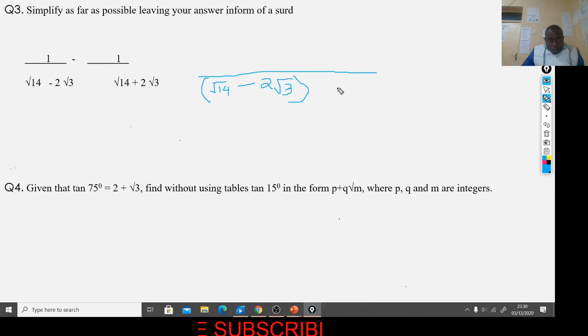Whatever you get, you multiply by root 14 plus 2 root 3 at the LCM.